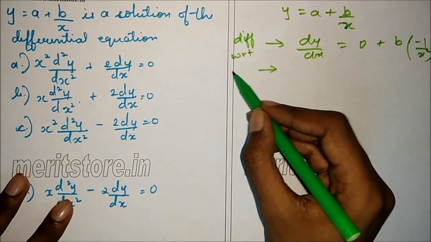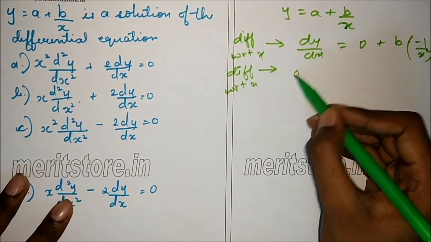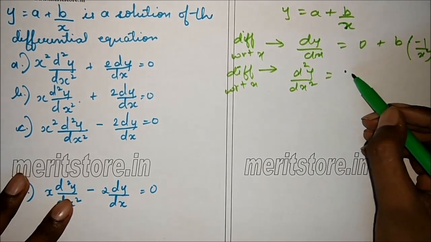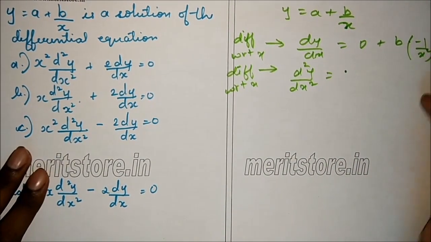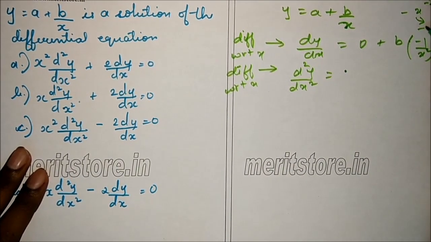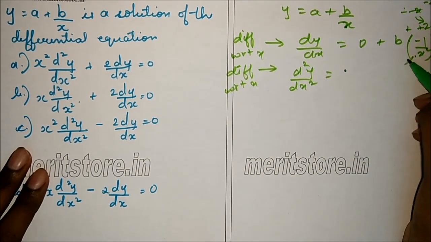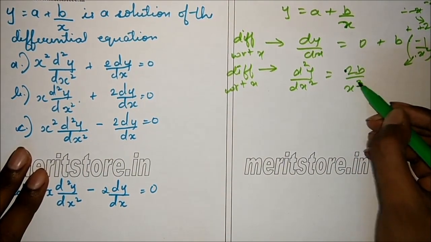Again differentiating this with respect to x. So this will be d2y by dx square, and differentiation of minus 1 by x square is the same as minus of x raised to minus 2. So differentiation will be minus 2 into x raised to minus 3. So minus into minus will be plus. So differentiation of this term will be 2b upon x cube.